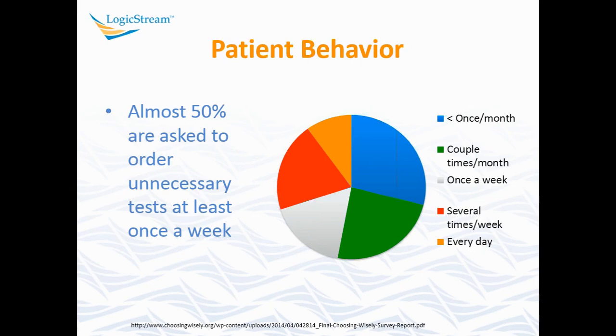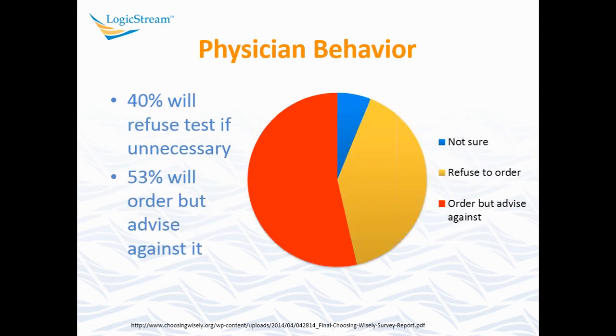So when it comes to ordering unnecessary tests and procedures in response to patient requests, nearly 75% of providers recognize this as a serious problem. So docs know that this is a big deal. It happens very frequently, so almost 50% are asked to order unnecessary tests or procedures at least once a week.